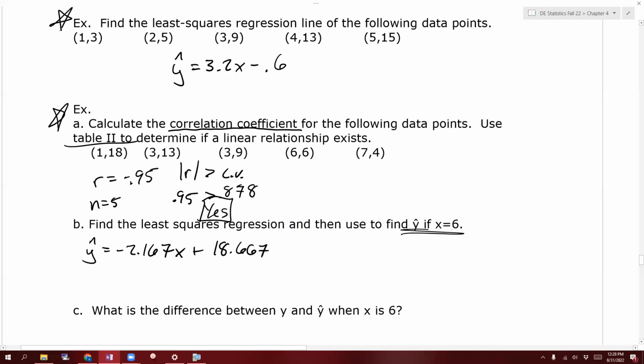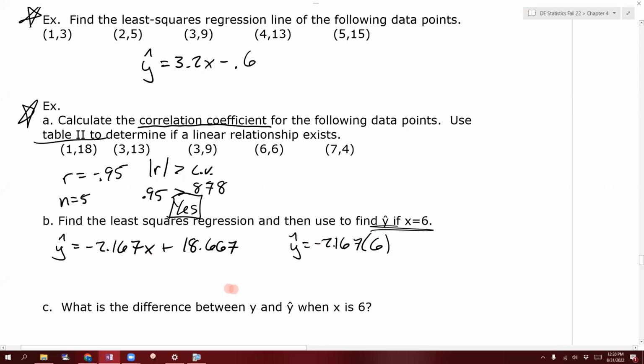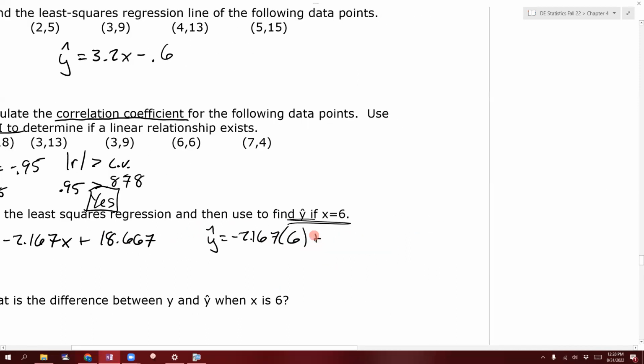Now it says use this equation to find y hat if x equals 6. So what is the expected output when the input is 6? So in order to find that, y hat equals negative 2.167 times 6. That's what x was. And then plus my 18.667.